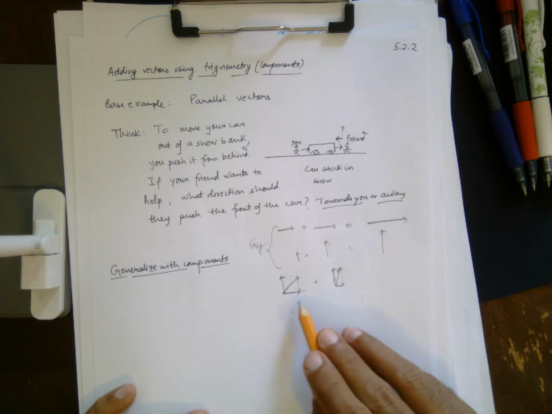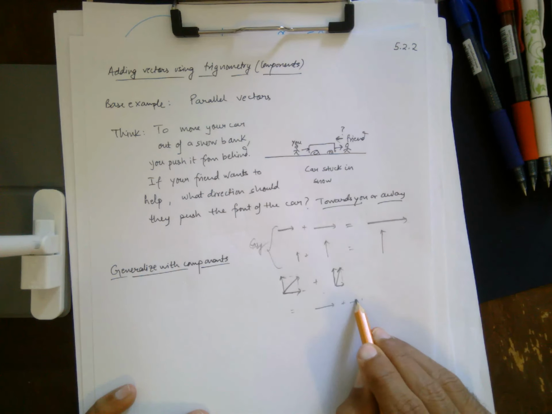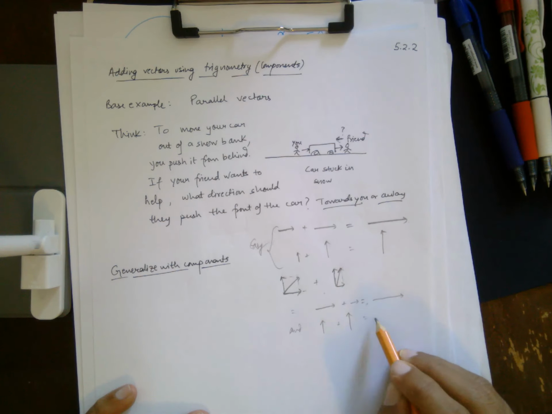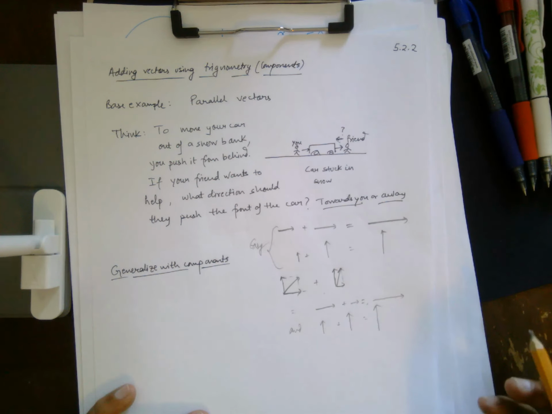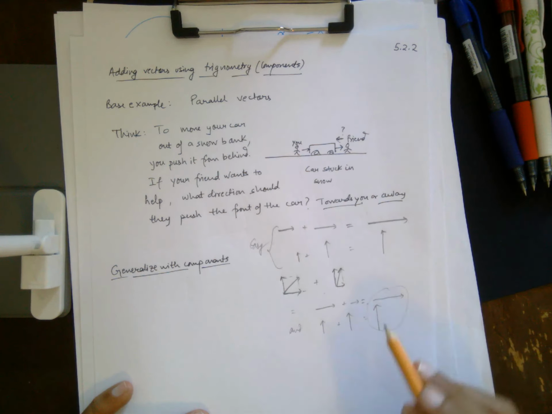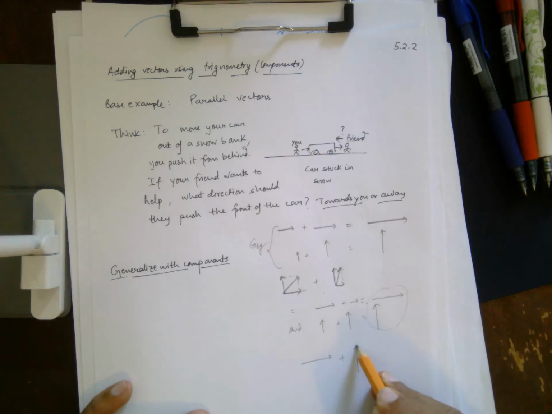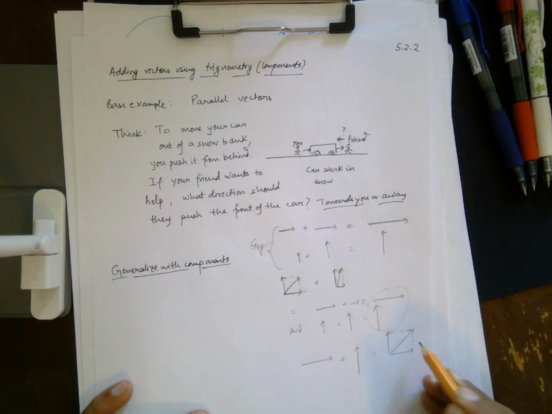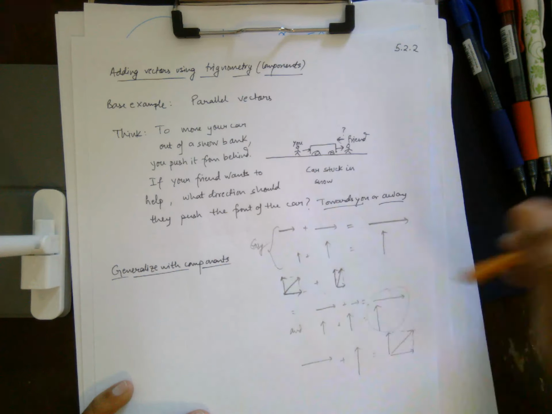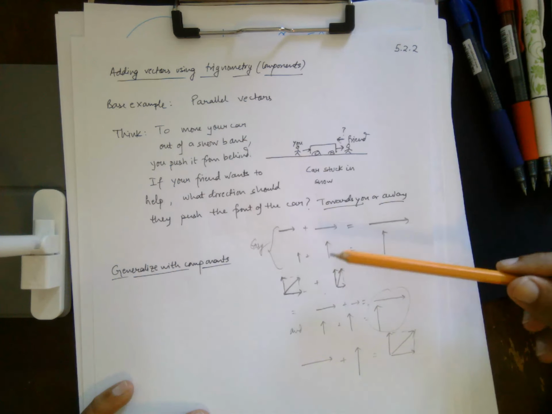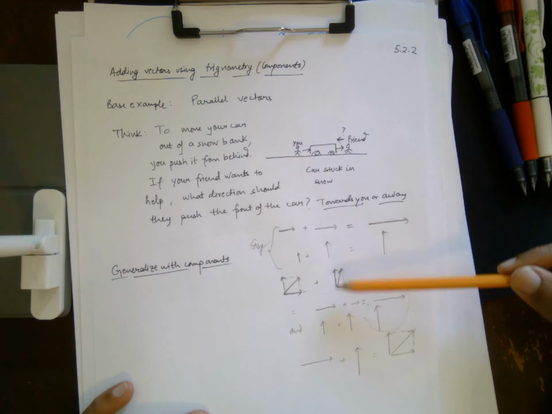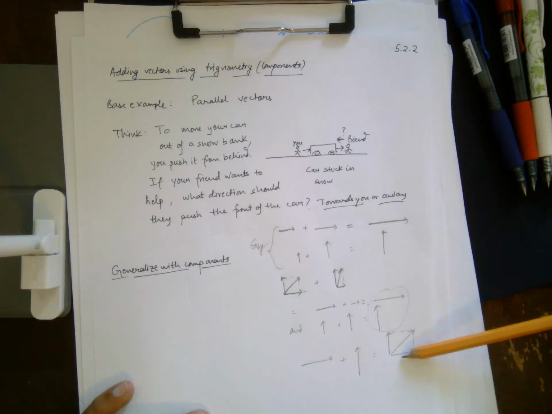So I know how to add these parallel ones, and they give me something longer, and I know how to add the vertical ones, and they give me something longer. And the next step, I know how to add them. If I have a horizontal and a vertical, I can place them together, draw a parallelogram, and get the sum. So pictorially, that's the idea. We take what is easy, we break the complicated stuff into the easy things, and then we just add the easy things and then recombine at the end.